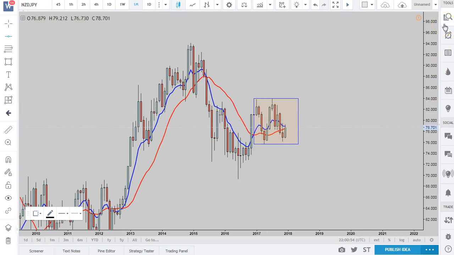Whenever we are marking up the chart, there are certain things we need to look out for. We need to look out for a clear cut range. We need to look out for the round numbers. Round numbers are psychological numbers. These are where big banks manipulate the market.